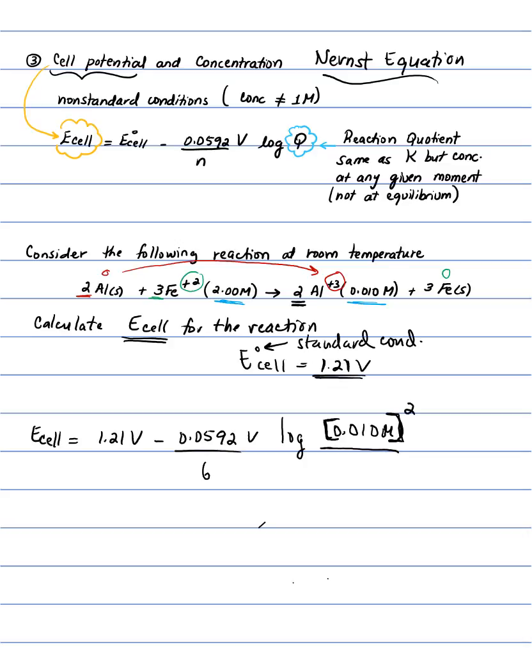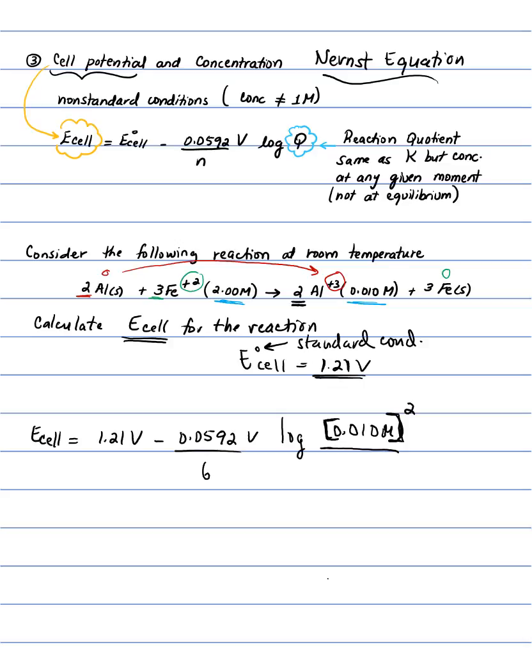So remember that your concentrations are raised to the power of whatever coefficient you have. That's for the products over the reactants. On your reactant side, you have again aluminum solid, that's a solid, not part of Q. And then you have iron plus 2.